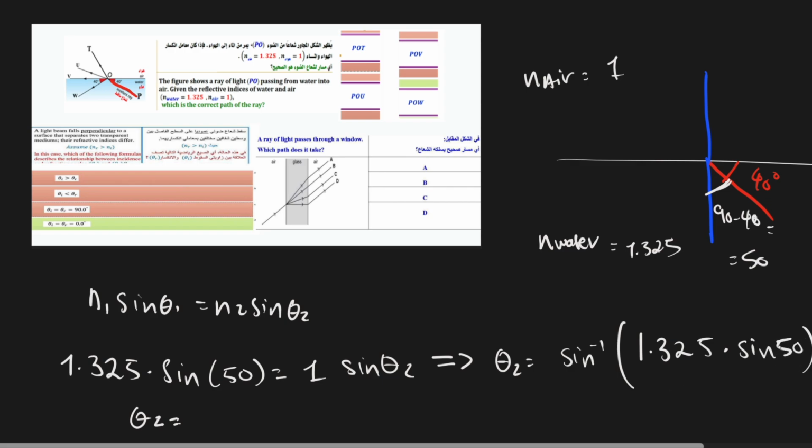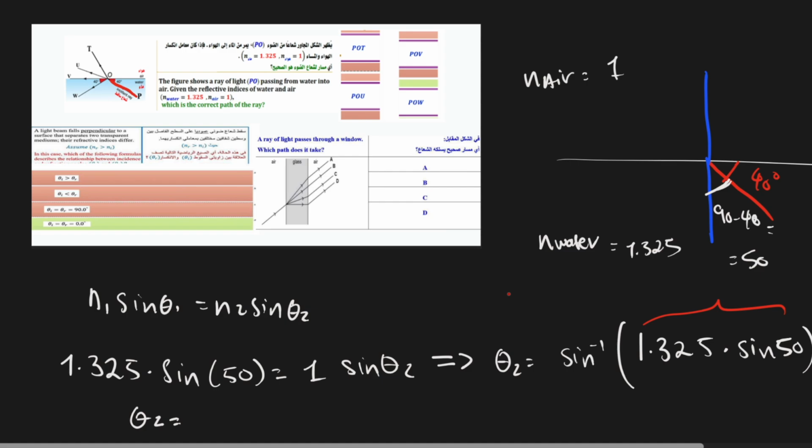This is theta 2. And if this is bigger than 1, then we will know that it is total internal reflection, therefore there will not be any angle of refraction. So let's find this case.